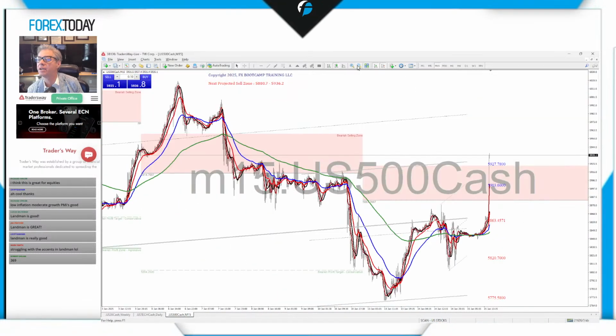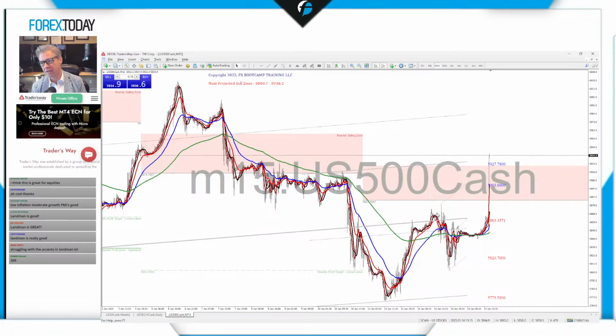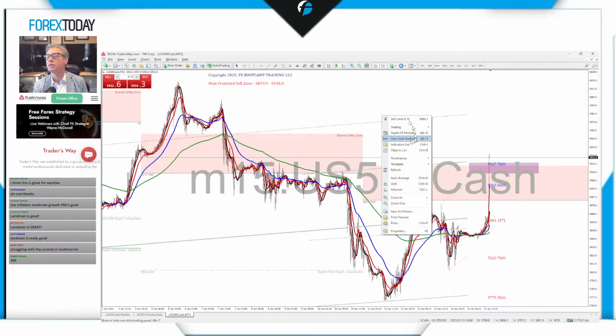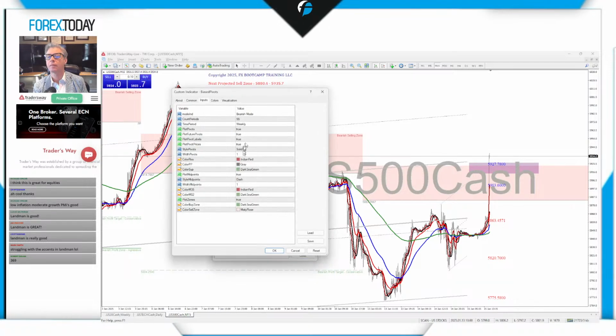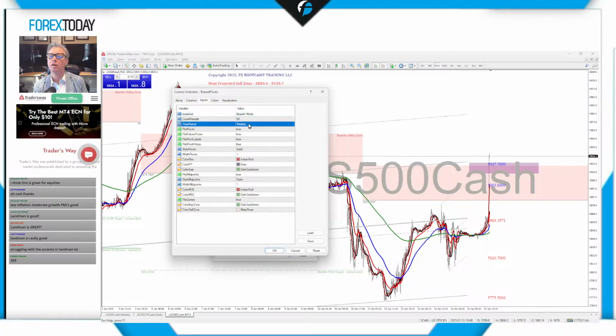So there's a price there. Based on what happened last week, this is an area of concern for this week. What does that mean? Well, based on last week's volatility. What if we looked at monthly?